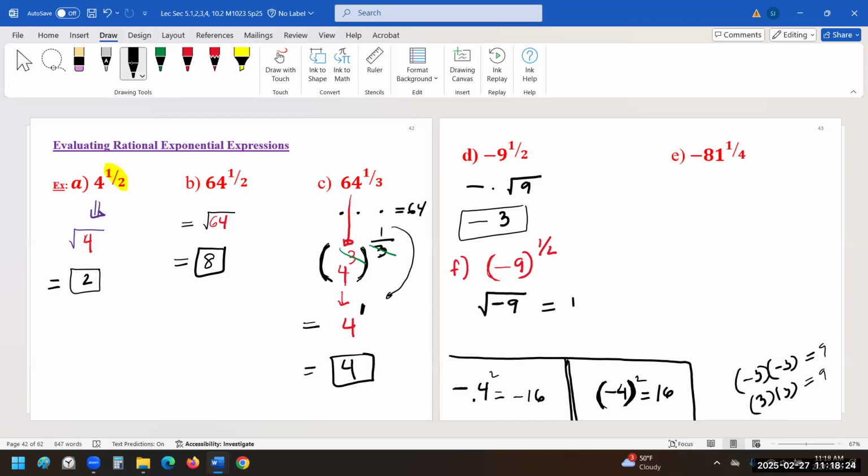So this time we say, well, this doesn't exist in real life, but it does exist in the imaginary life. What is the imaginary life? In the imaginary life, we have negative 1 times the positive 9. If you do that, then it makes sense. This thing exists. This is 3.